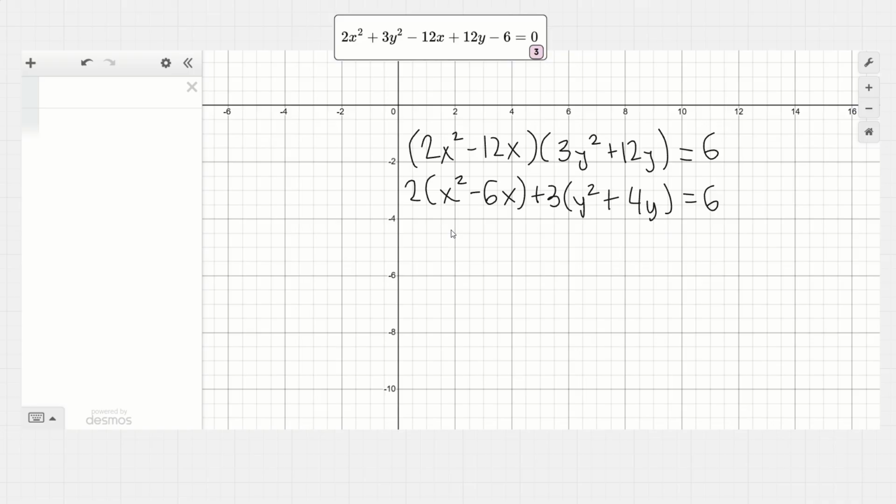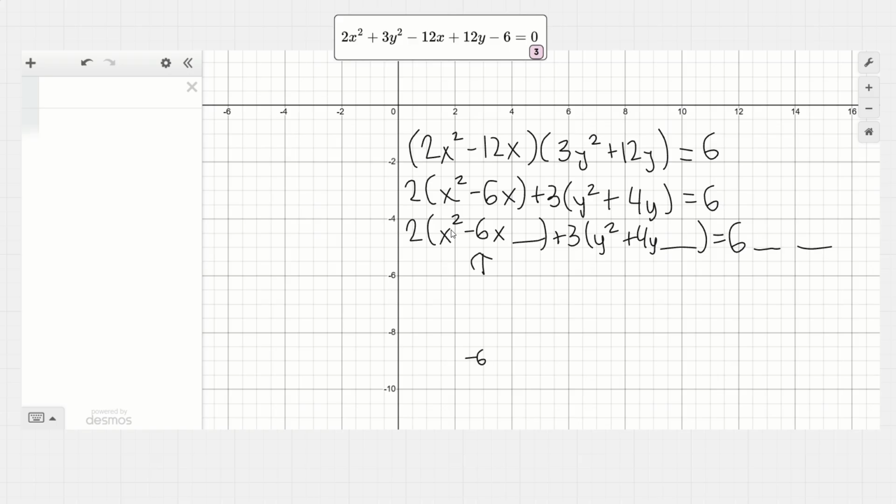How are we going to do that? So, 2 times x squared minus 6x, we're going to have a blank, plus 3 times y squared plus 4y, and we're going to put a blank, equals 6, blank and blank.